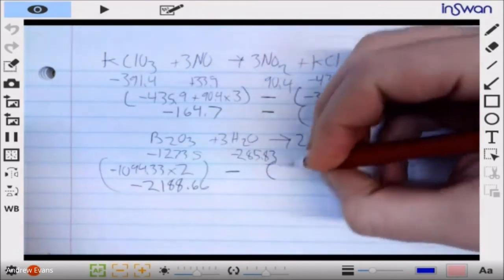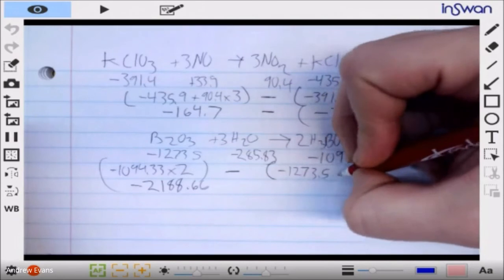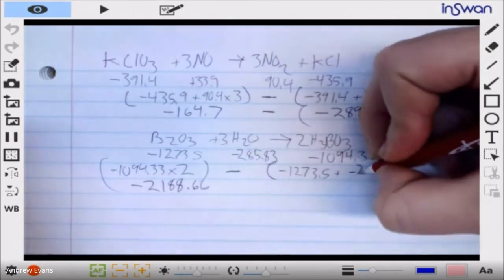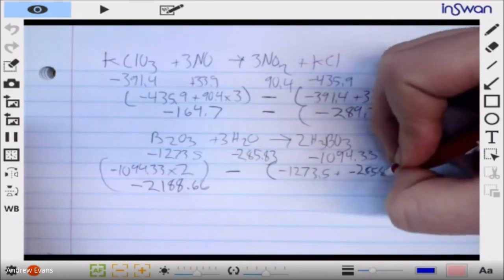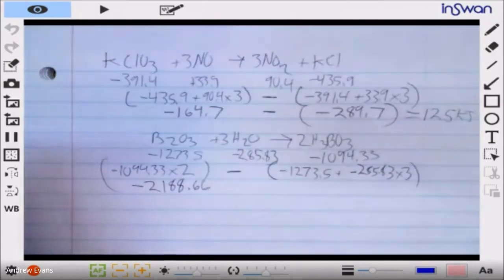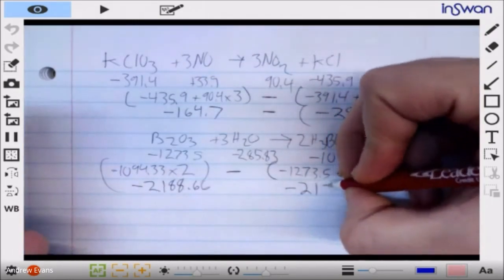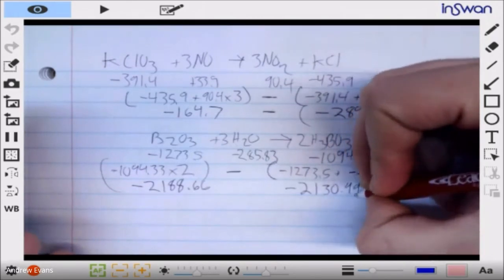Our reactants: negative 1273.5 plus a negative 285.83 times 3, because there's 3 waters, is negative 2130.99.